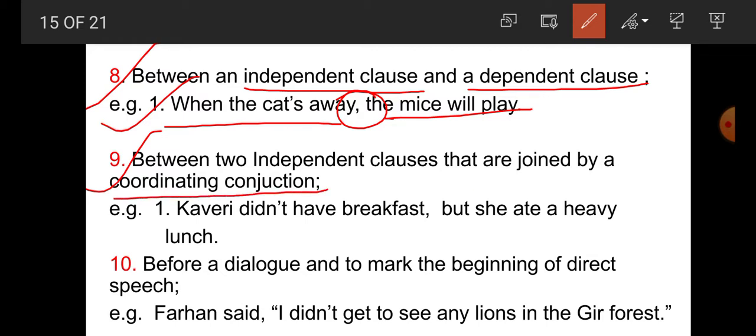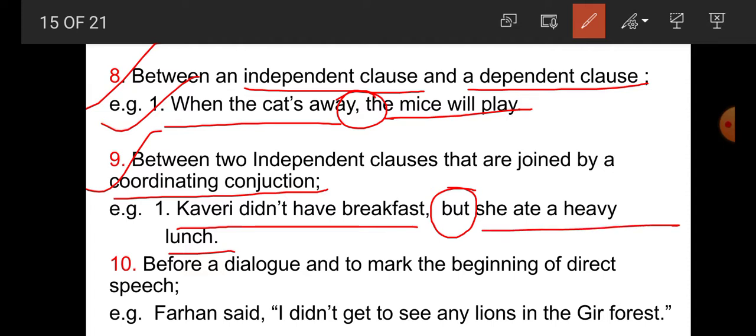What is the coordinating conjunction here? "But". The sentence is, "Kaveri didn't have breakfast, but she ate a heavy lunch." Here there are two clauses joined with a coordinating conjunction, and that's why a comma is used. Now number 10, students, before a dialogue to mark the beginning of direct speech.